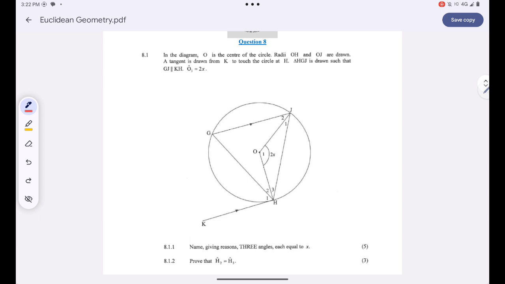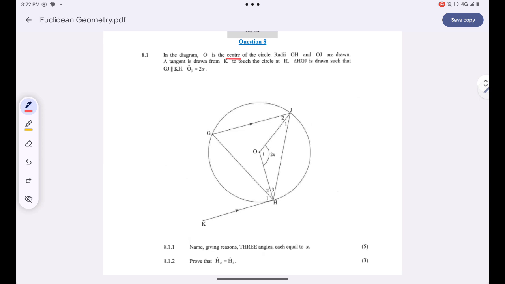We are told that in the diagram below, O is the center of the circle, radii OH and OJ are drawn. The first thing they told me is that O is the center, and I do not see any line from the center going to the chord. So I'll only focus on the theorem that says the angle at center is twice the one at the circumference.